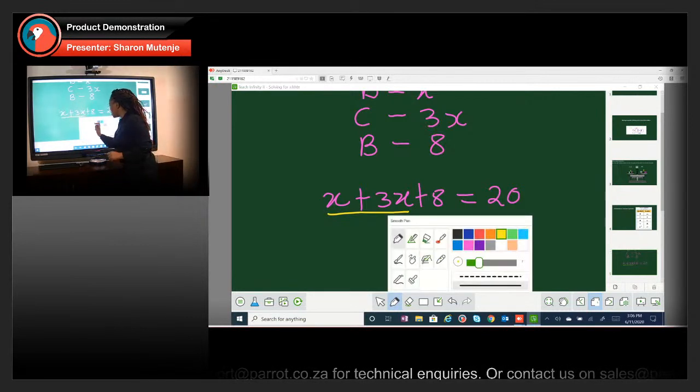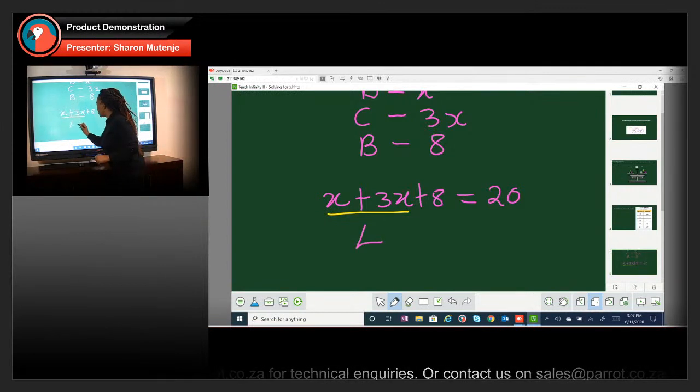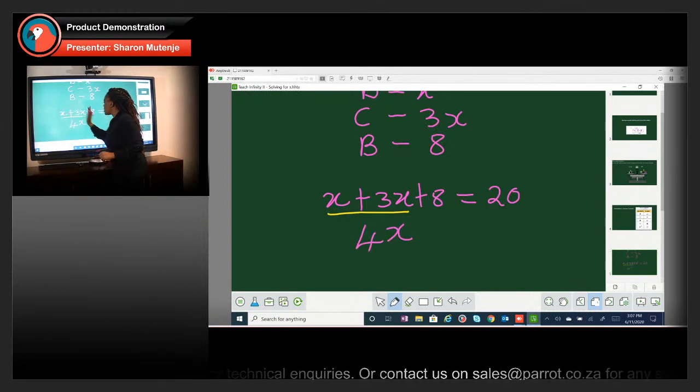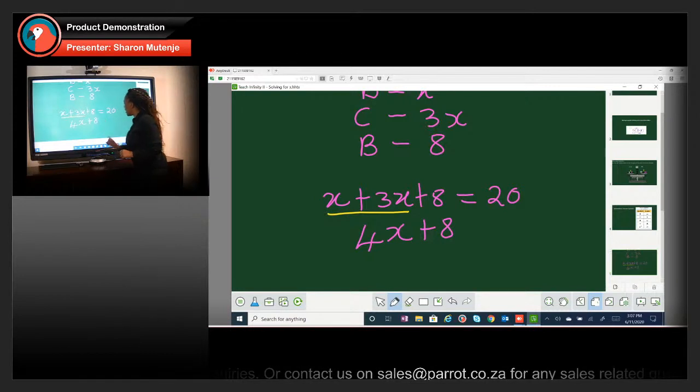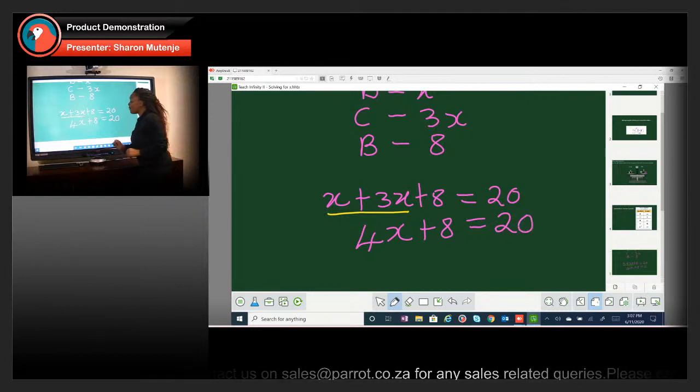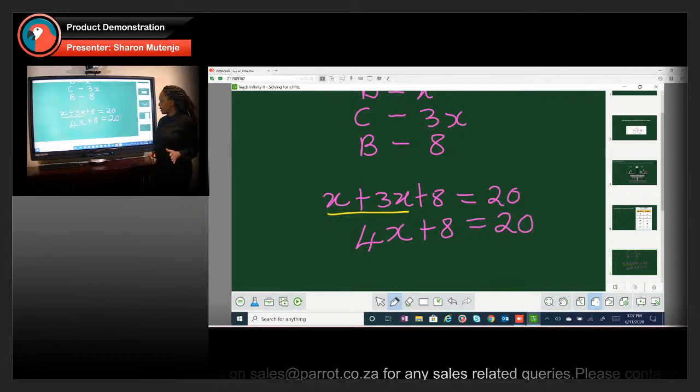So let's quickly do that. Here I have 4x, which comes from x plus 3x. And then I still have this constant number, which is 8. So 4x plus 8 should be equal to the total number of sweets that we have, which is 20.